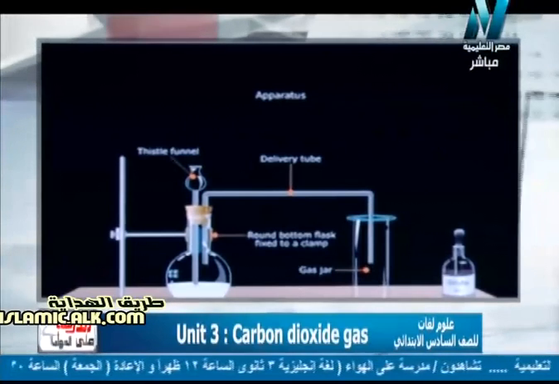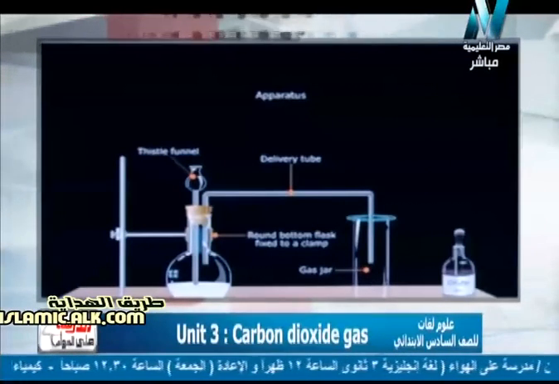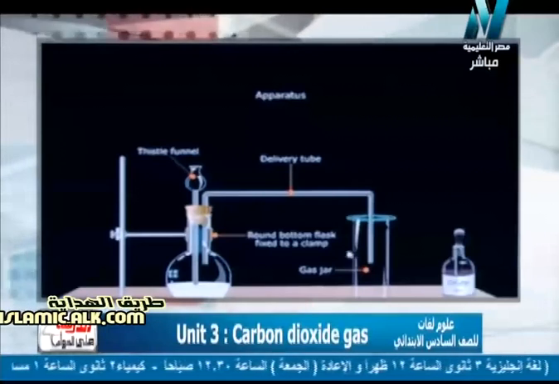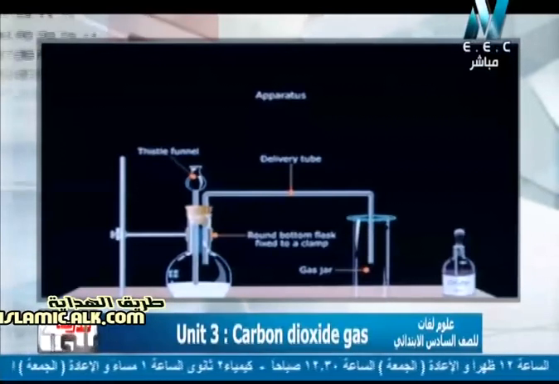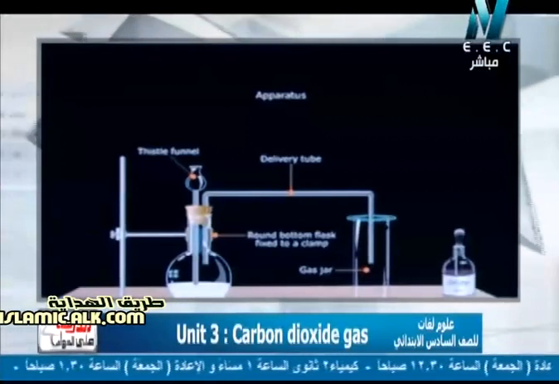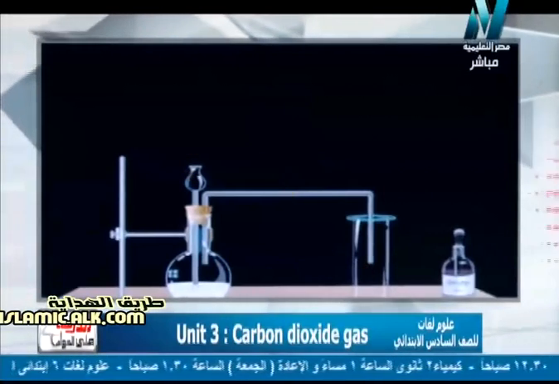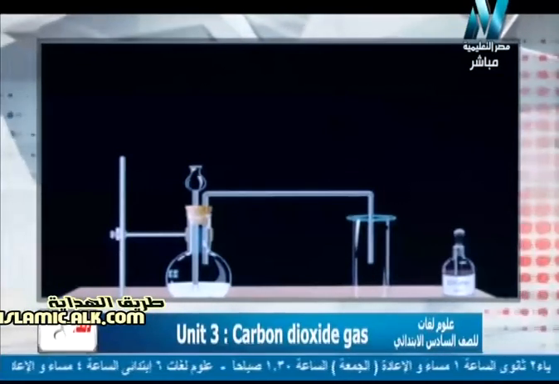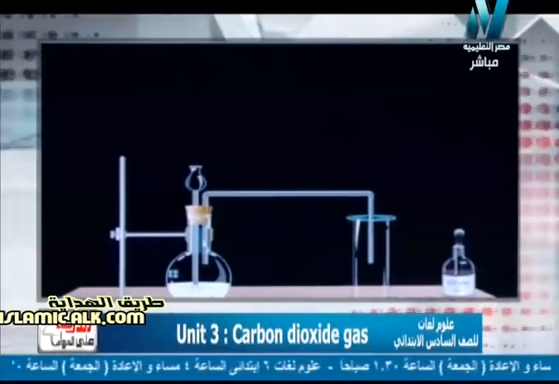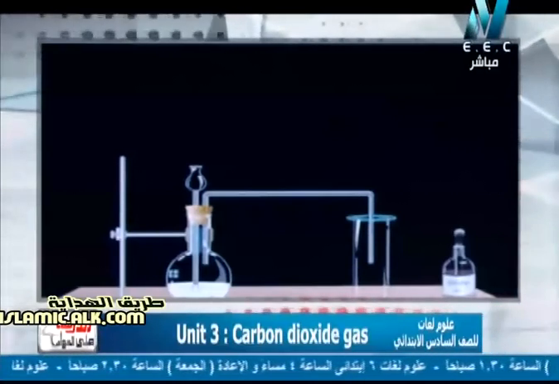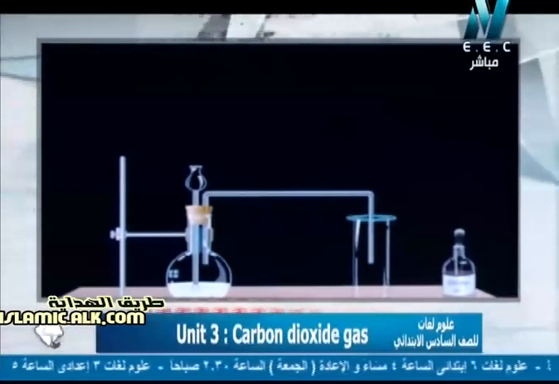So now I will have carbon dioxide gas, or a jar contains carbon dioxide gas. So again, we can prepare carbon dioxide gas by what? By adding hydrochloric acid onto calcium carbonate that produce carbon dioxide gas, which replace the air.